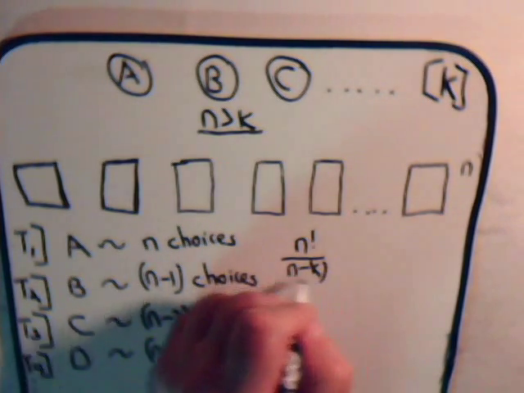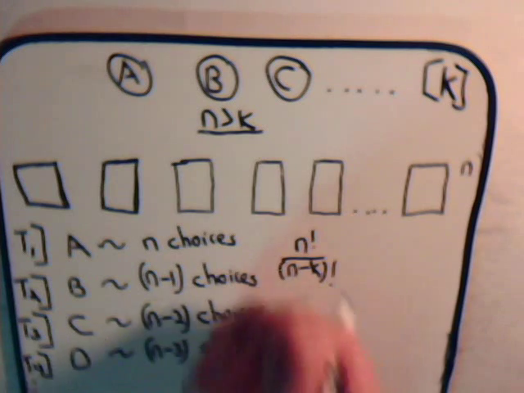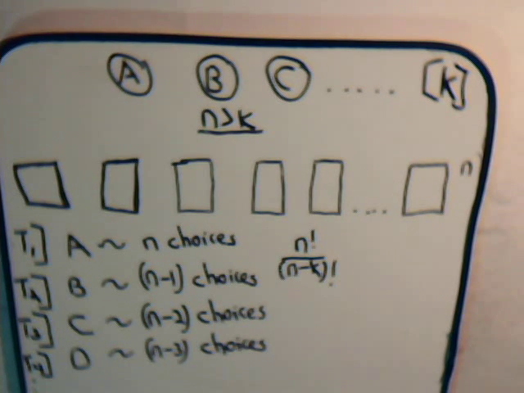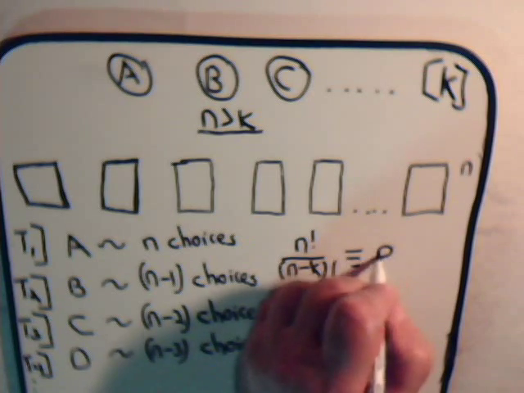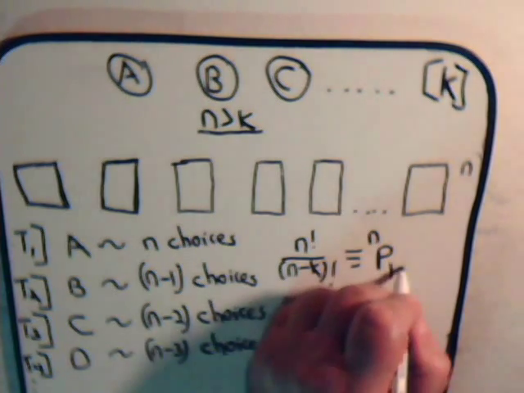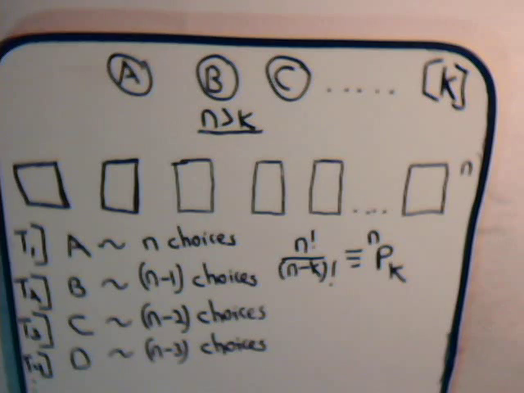That's n factorial divided by n minus k factorial. And if you have watched the earlier videos, you know that we denote that with this symbol, P n k.